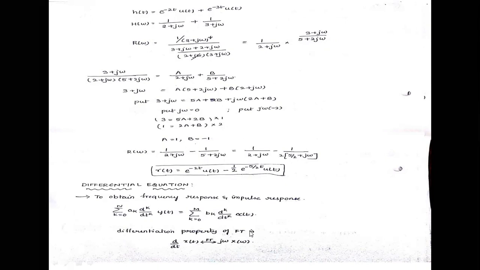Differentiation property of Fourier transformation. In the Fourier transformation, the differentiation property is: d by dt of x of t gives j omega into x of omega. So now you can apply that as differentiation with k power. Sum of k equal to 0 to n, a suffix k, j omega whole power k, y of omega. And here b suffix k, j omega whole power k, x of omega.